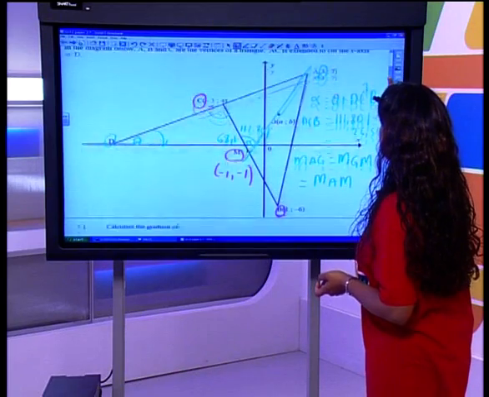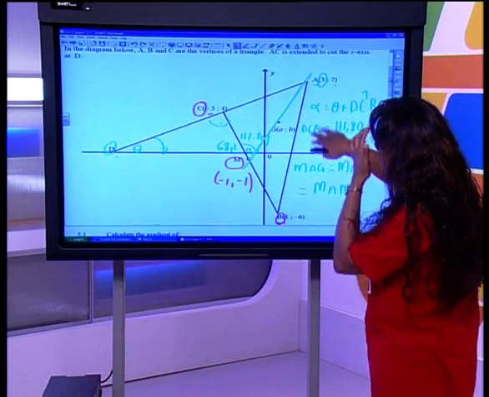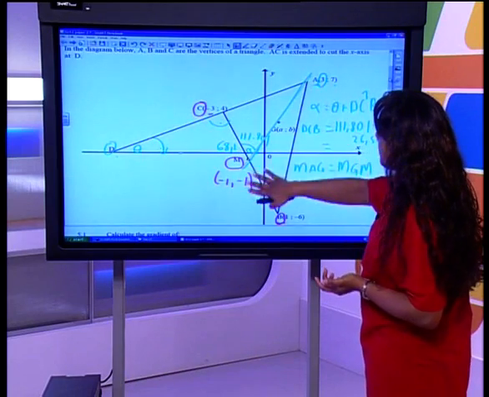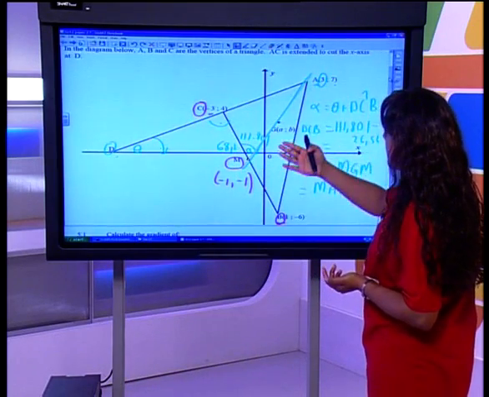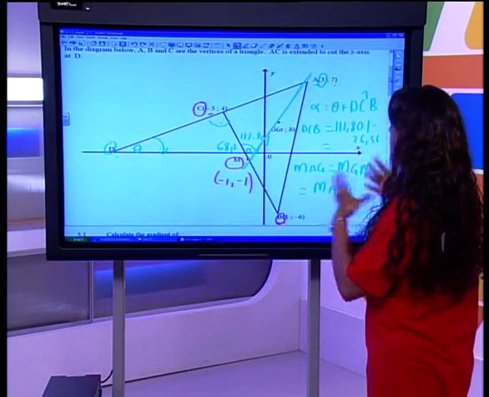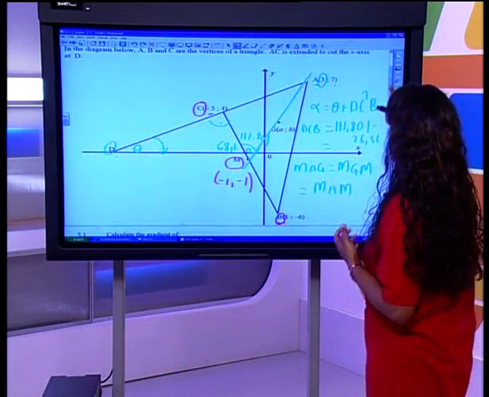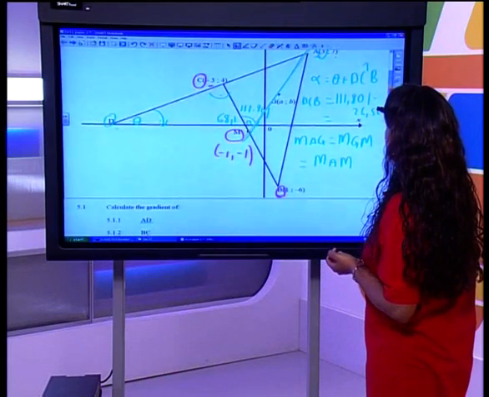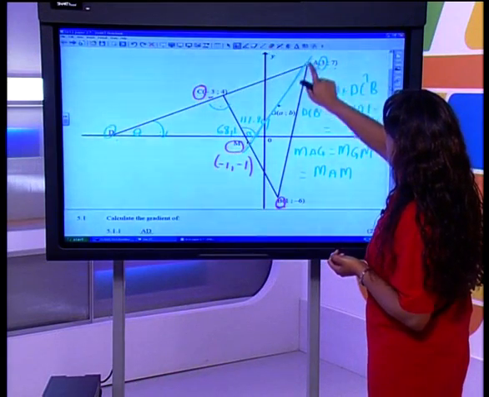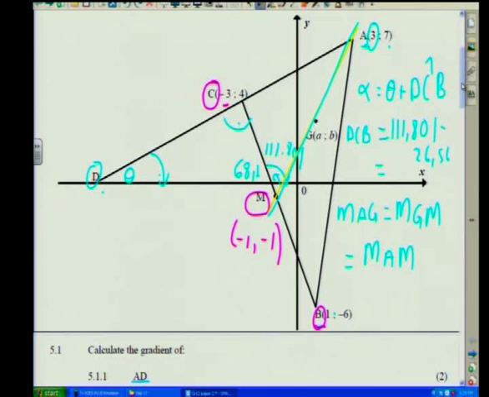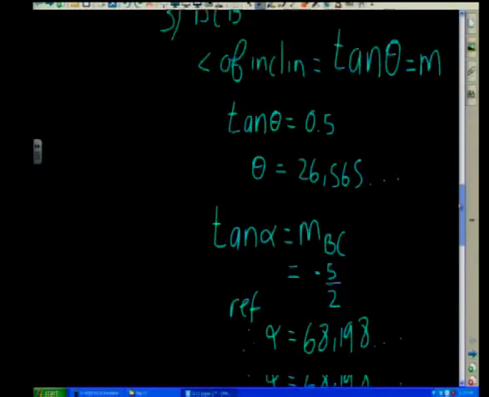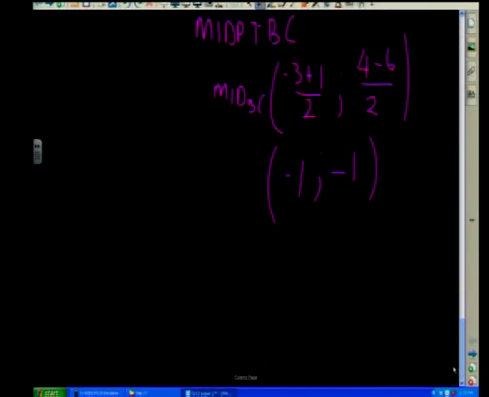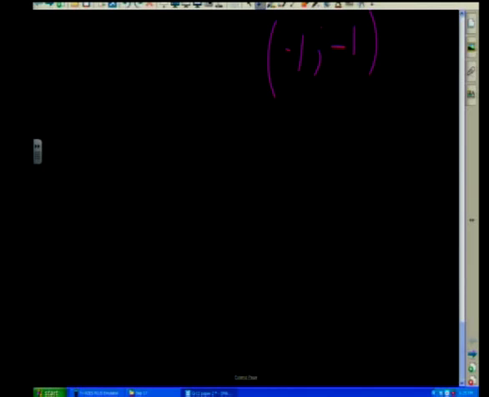All right, so the gradient of AM is exactly the same as the gradient from A to G, so you can choose whichever way you want to mix the formula up. It doesn't matter, you'll get to the same thing. So I'm going to say gradient from A to G is equal to the gradient from A to M, simply because the coordinates of A and M are known, so it'll make it easier to work out the values instead of ending up with A's and B's.